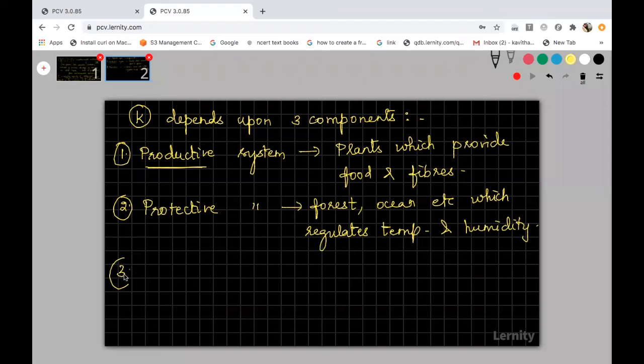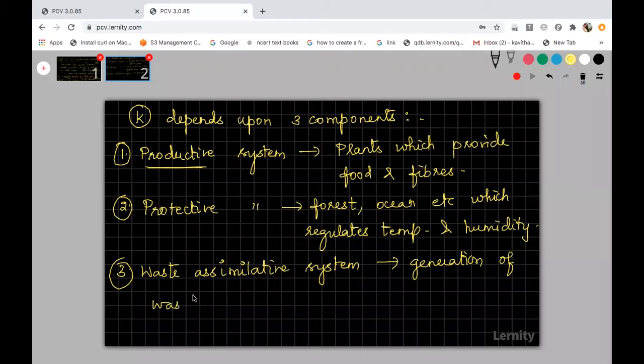And the third component is what we call the waste assimilative system. Any idea about waste assimilative system? It includes the generation of waste material. You know, decomposers are present in the soil, right? These decomposers are degrading the dead, decaying plants and animals after their death.